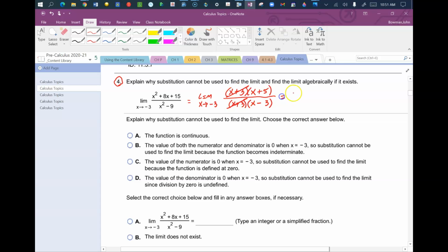So this limit is algebraically equivalent to this limit, the limit as x approaches -3, of x plus 5 over x minus 3. Now we will try substitution again, and if we try substitution again, we get negative 3 plus 5 over negative 3 minus 3, which gives us 2 over negative 6, or negative 1/3.